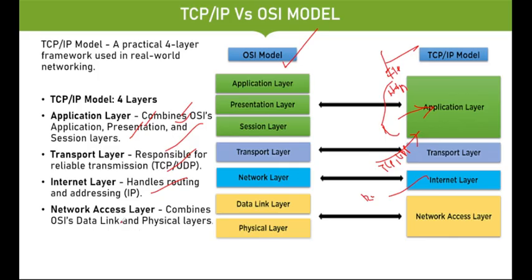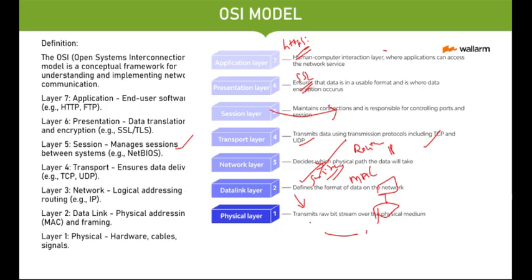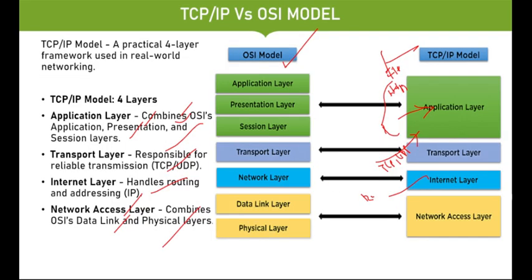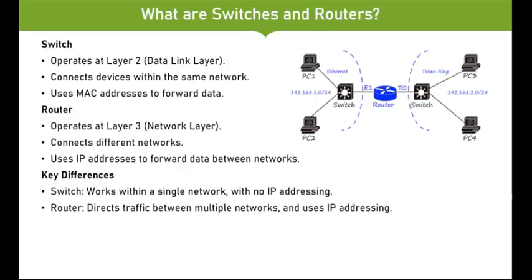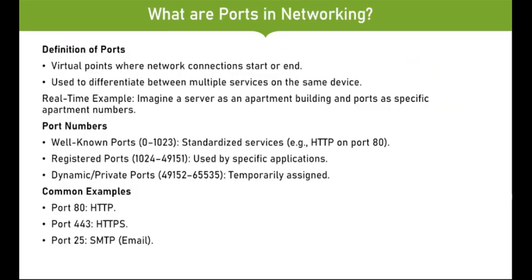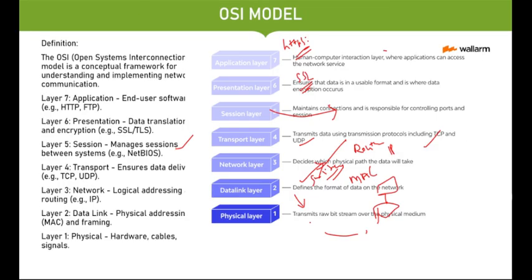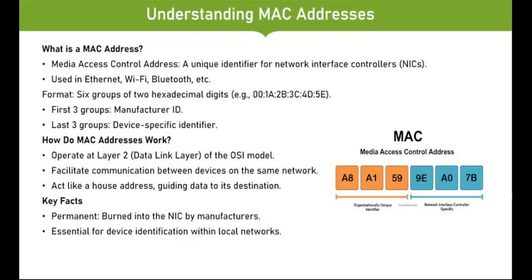Then the network access layer combines the data link and physical layers. So this is all about the TCP/IP model and OSI model. That's why I went through some basics first, then I covered this OSI model.